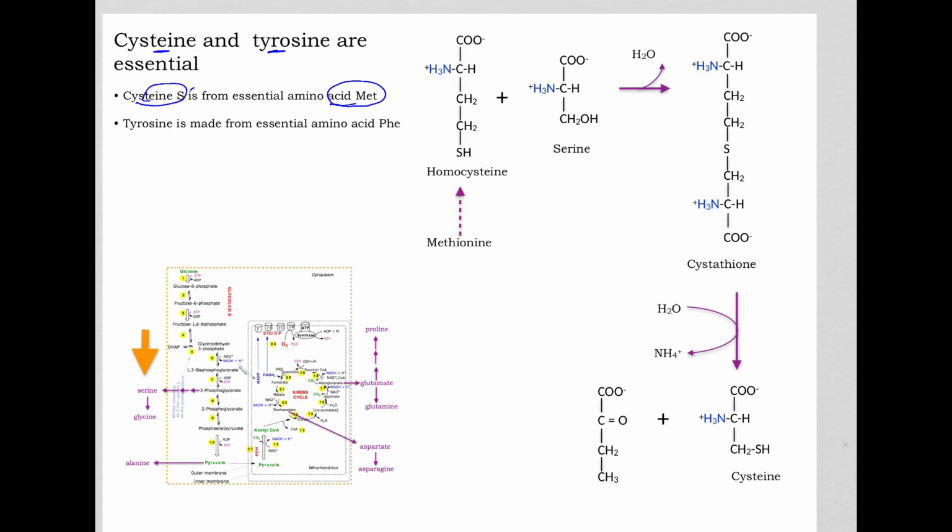So since it comes from an essential amino acid, cysteine should really be considered an essential amino acid. Similarly, tyrosine is made from an essential amino acid phenylalanine. So tyrosine should therefore also be considered an essential amino acid.